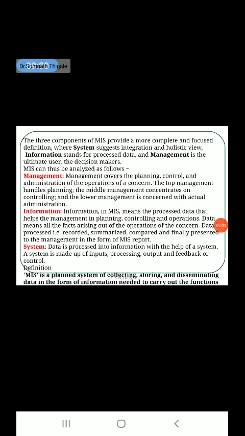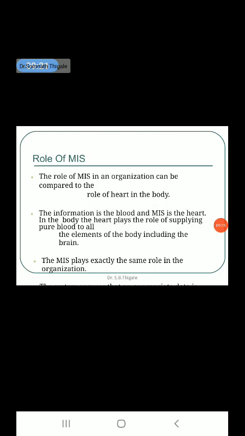Decisions will be taken and implemented for a fruitful outcome. We call this the concept of system. So simply I can say that MIS is a planned system of collecting, storing and disseminating the data in the form of information needed to carry out the functions of the institute or organization.